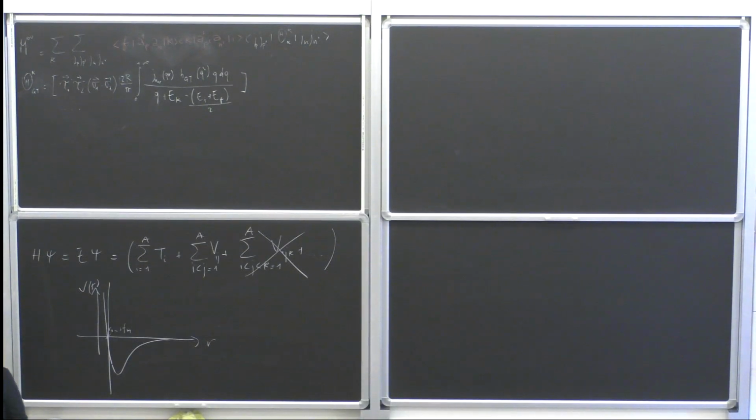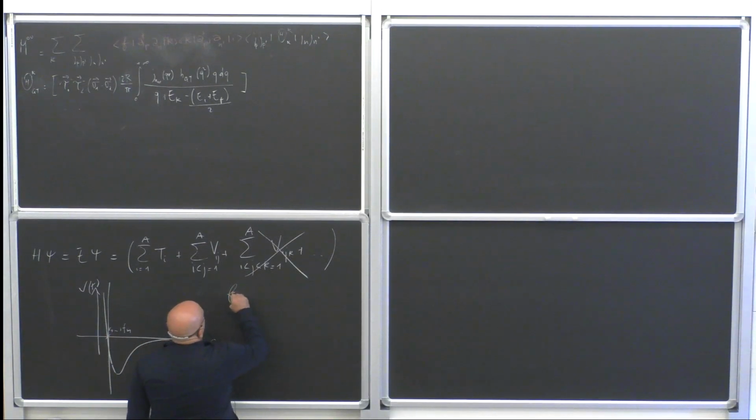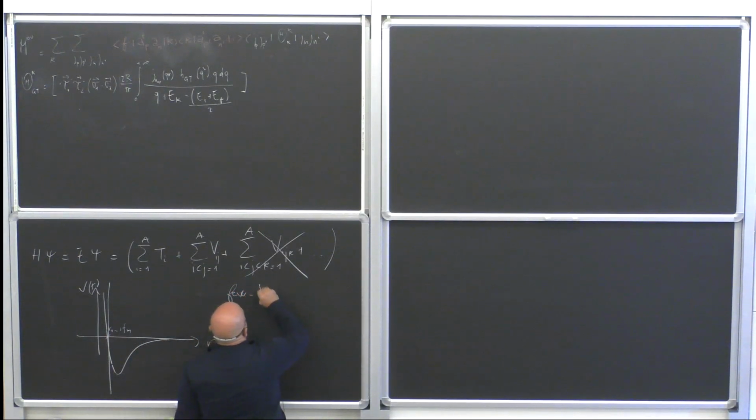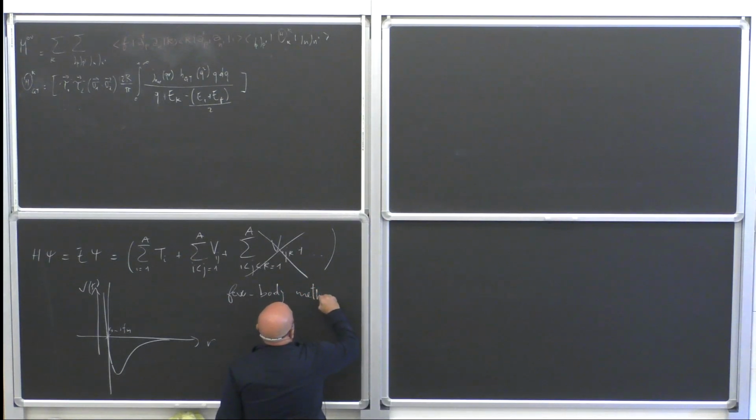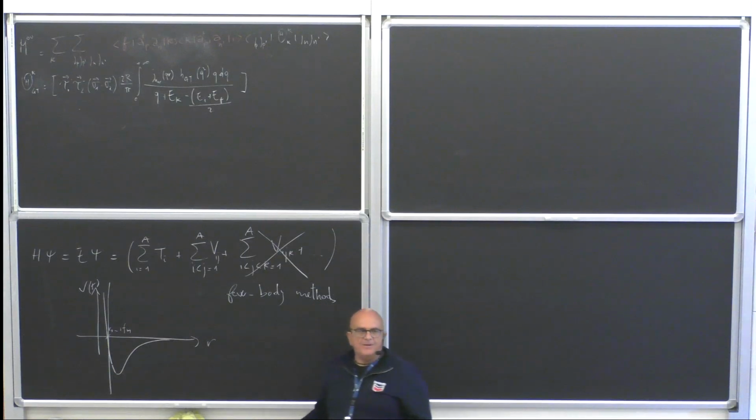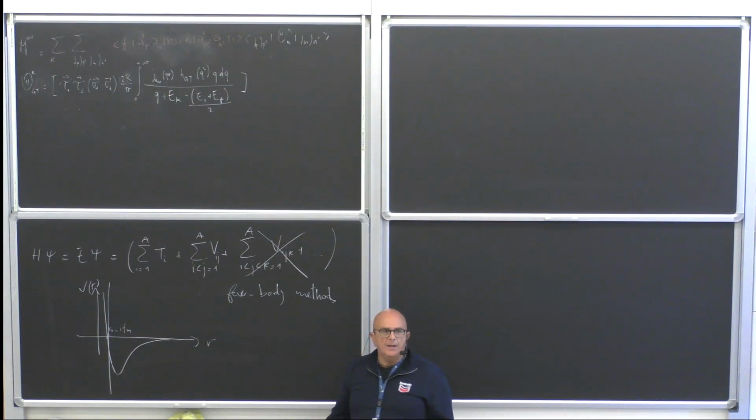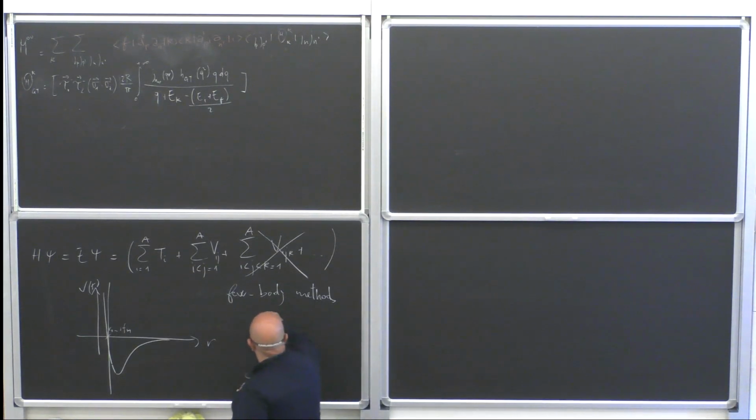However, there are some methods, like the ones we call few body methods, where the approximations you are considering can be controlled within a very good theoretical error, let's say up to A about 12.